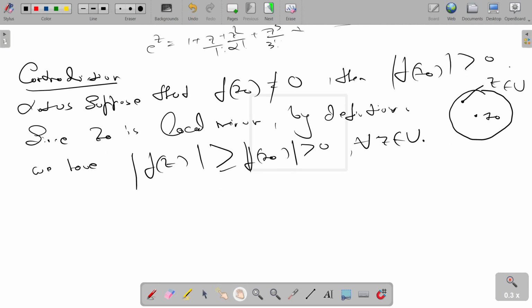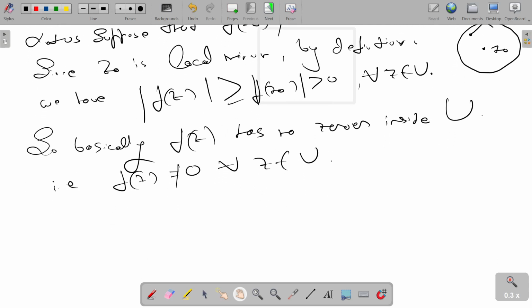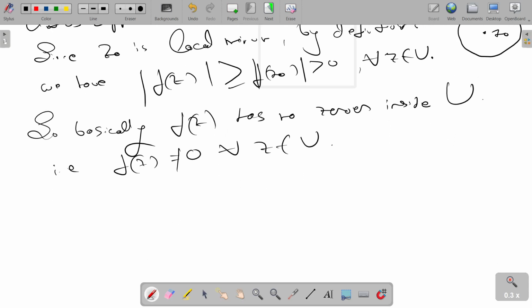Okay, so basically, if f(z) has no zeros inside U, which means that f(z) is not equal to 0 for all z belongs to U, it essentially means that we can apply the minimum modulus principle.